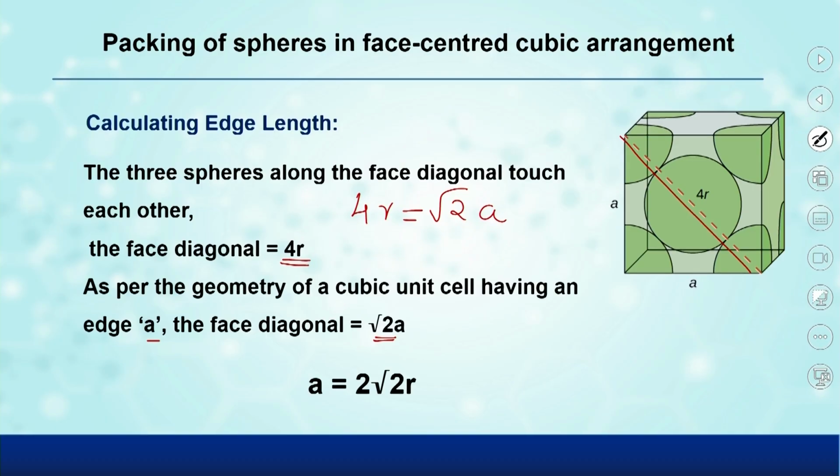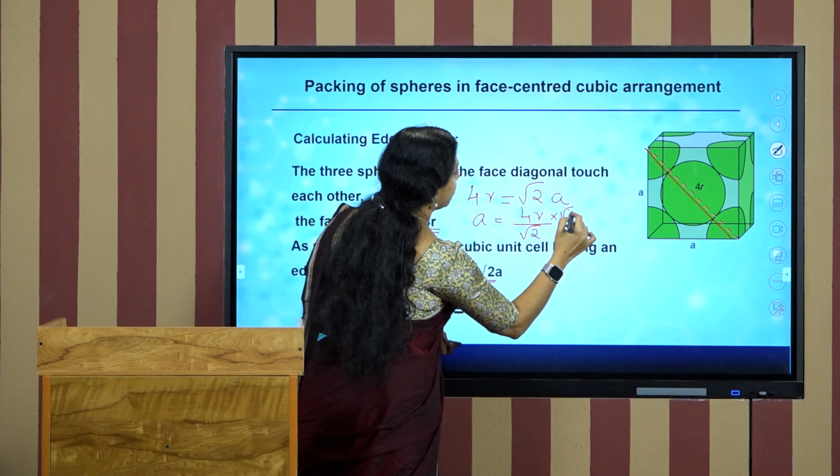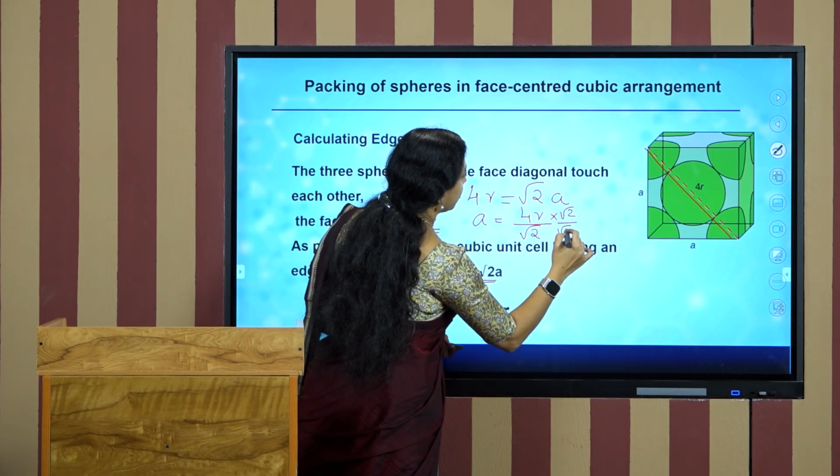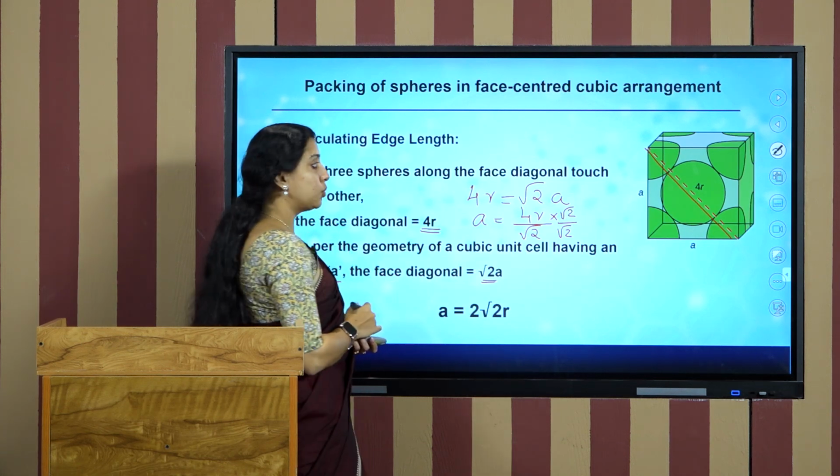So, from this we can calculate a is equal to 4r by root 2. So, if we multiply and divide by root 2, then we get root 2 into root 2. So, what is root 2 into root 2? It is 2.